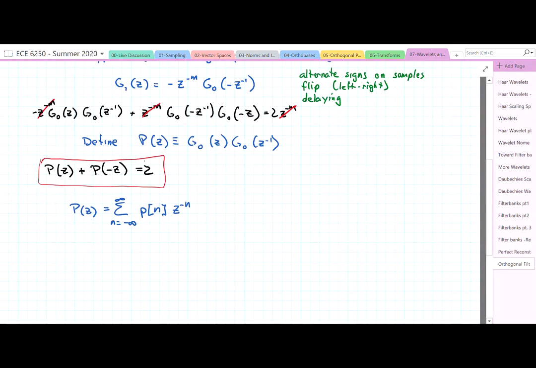So we happen to know, just from the definition of P of Z, that it's going to have to be the Z transform of P of n. And we also know from our definition up above that this is going to be the product of the transforms of our G naught.